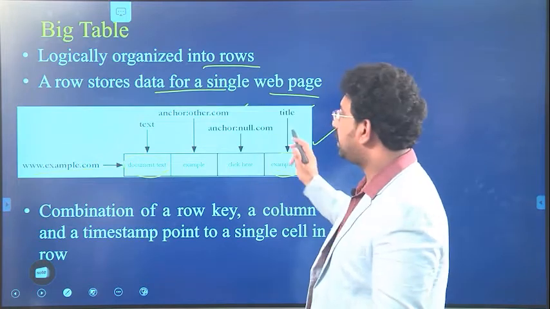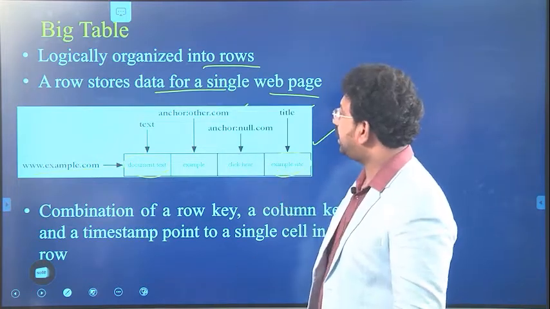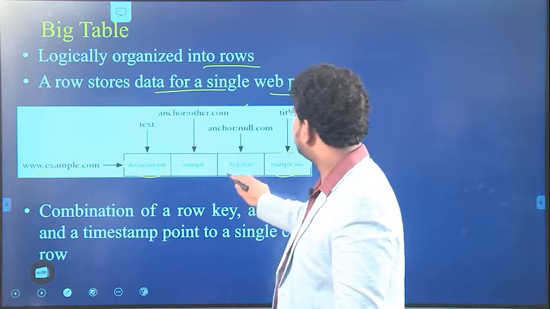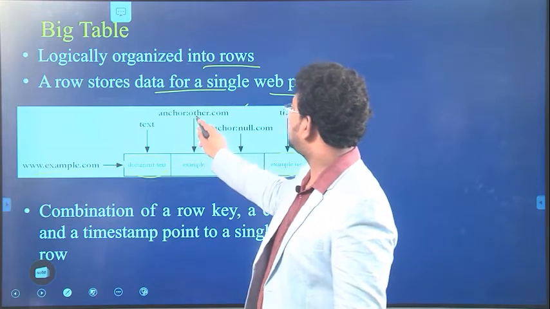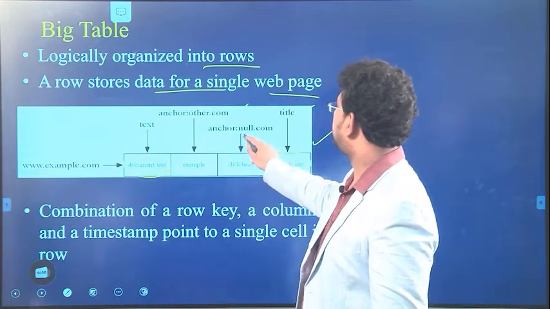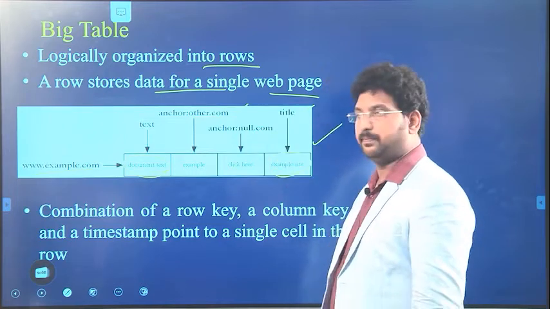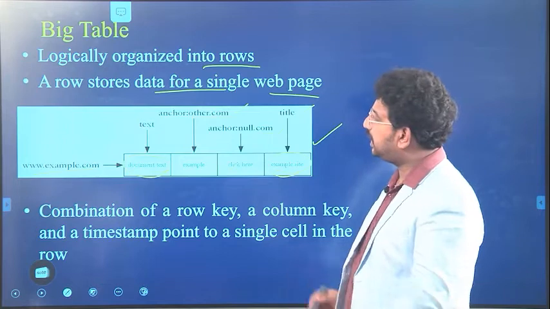The anchors will be maintained here, and these are all the different links associated with example.com. There is a link to other.com and a link to null.com. This is about how the Bigtable is logically organized.